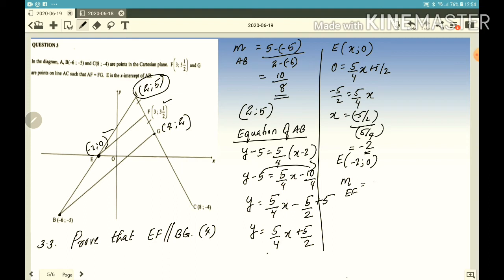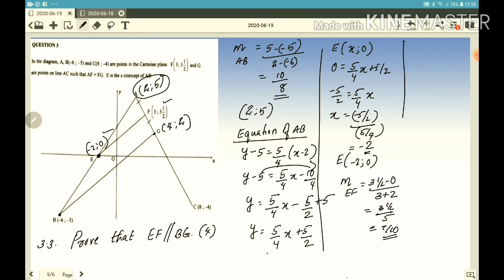That is 3.5 minus 0, divided by 3 minus minus 2, that is 3 plus 2. So it's going to be 3.5 divided by 5, which is 7 over 10. You get it when you use the calculator.